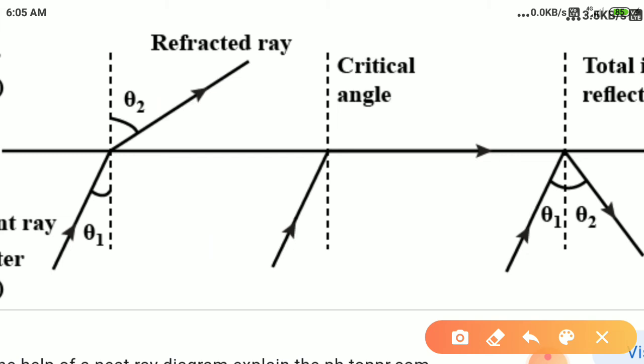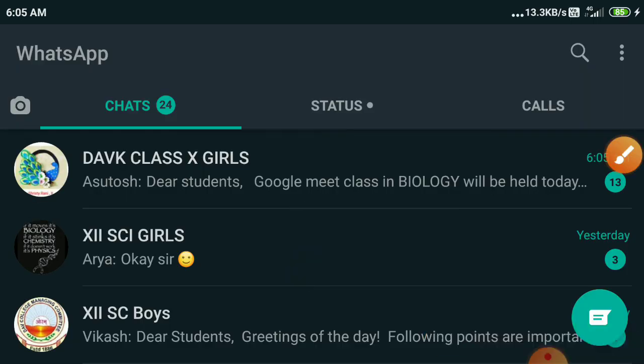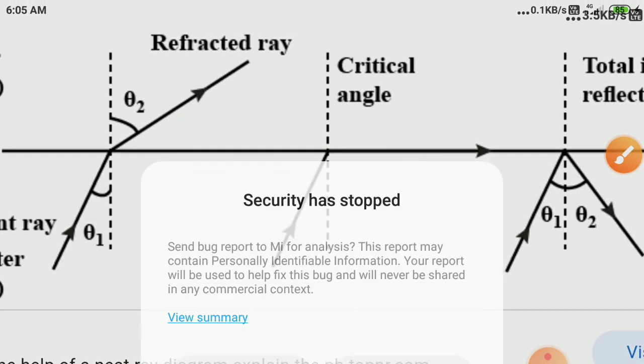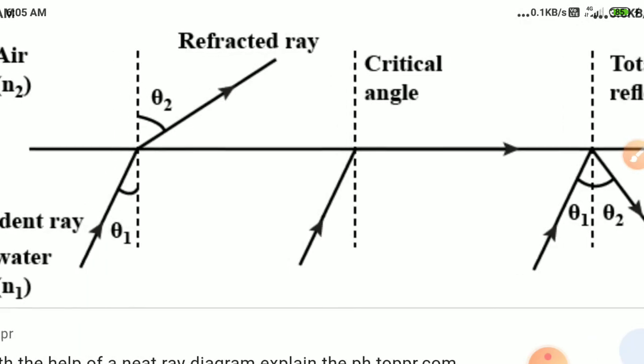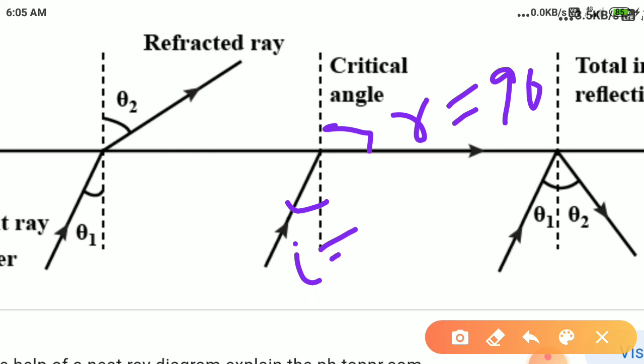Now, for a particular angle of incidence, we may come across that the angle of refraction is 90 degrees. So the angle of incidence for which the angle of refraction is 90 degrees is known as the critical angle.